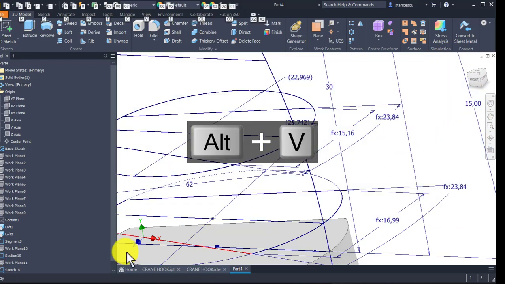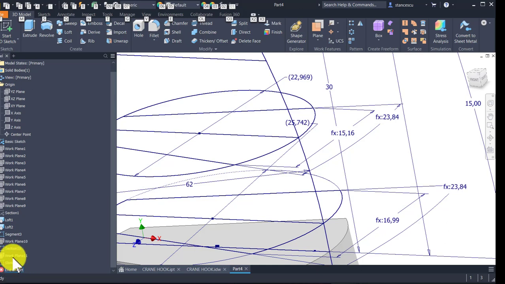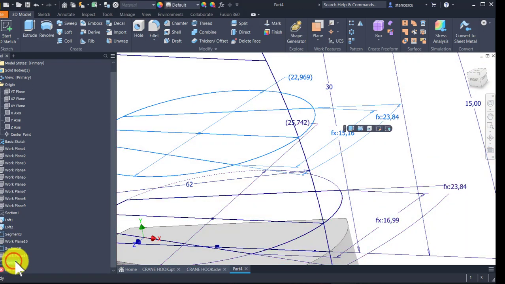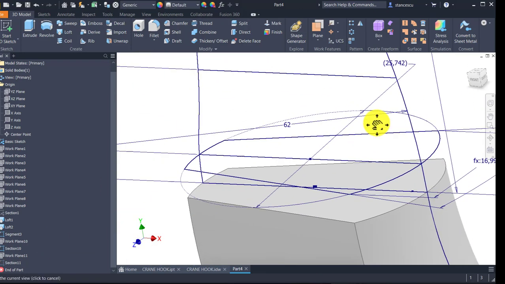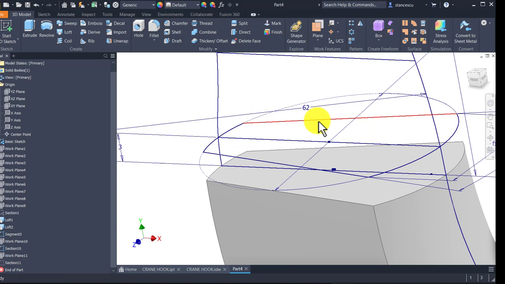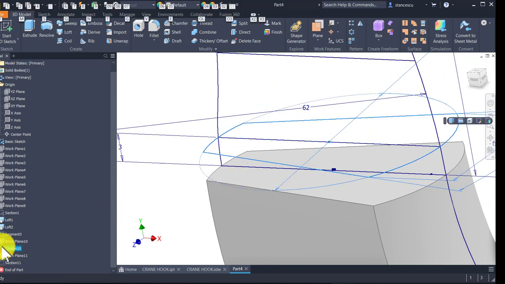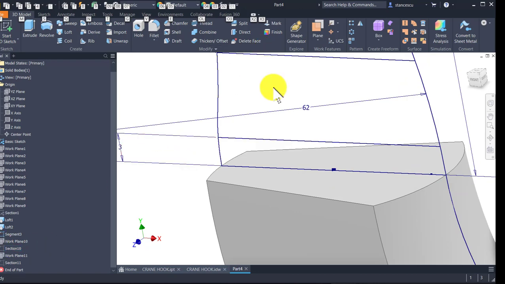Alt V, and this is the section 11. Section 11, which must be not visible. Why is this visible? It must be not visible.